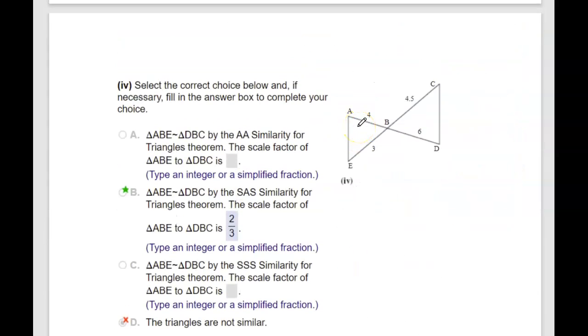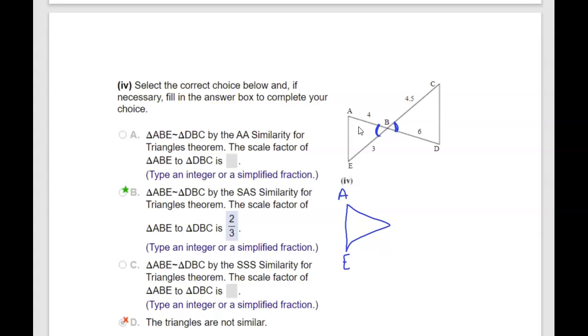Now this last one, it's a little bit trickier for multiple reasons, okay? So one of the things to look at is, yes, these two angles are congruent. Alternate interior angles are congruent. Now I'm going to draw my triangles separately.